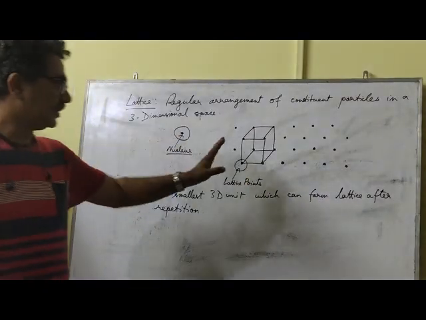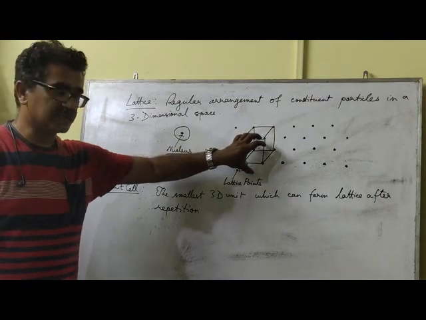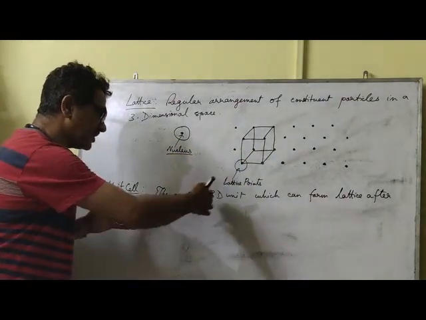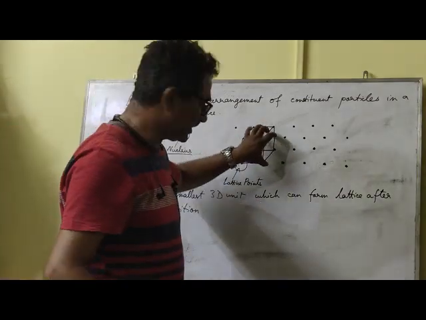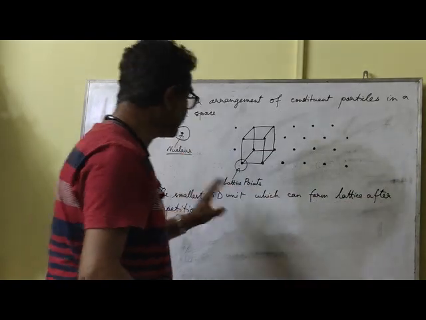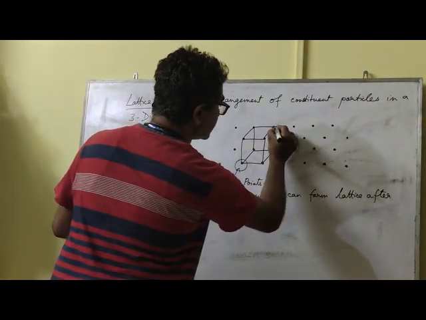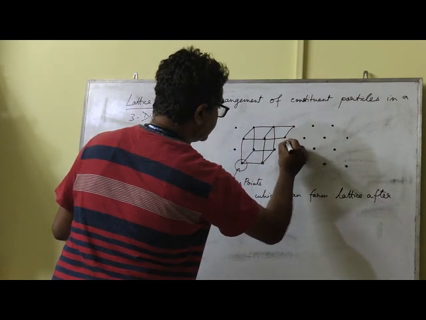I've drawn a cube joining the dots. So this is a unit cell. This is the smallest 3D unit which can form a lattice after repetition. So I can repeat this entire process. Let me repeat this to form one more 3D unit.